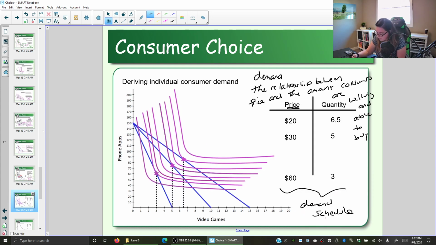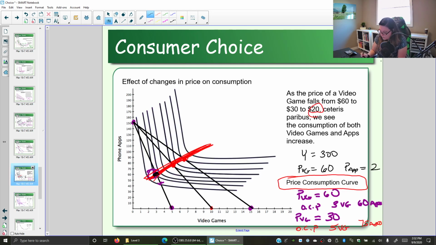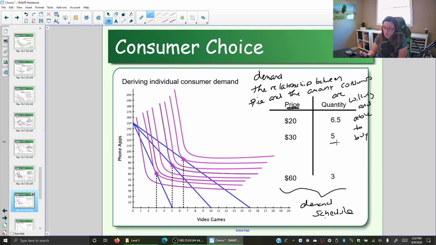So you can see here on our table at a price of 60, 3 video games. We then drop the price to 30 bucks, and we can see here that optimal consumption point was 5 video games. So we put 5 here as the quantity.